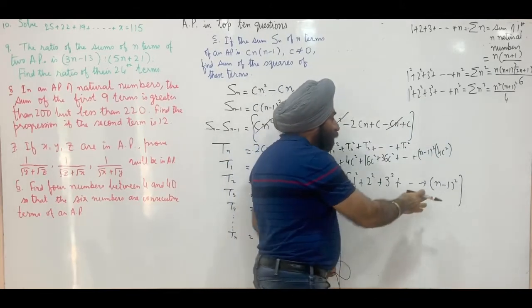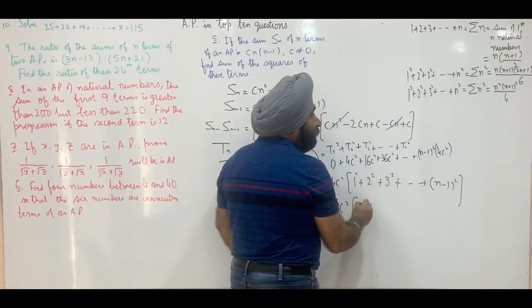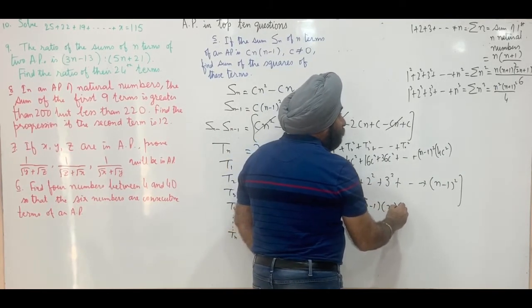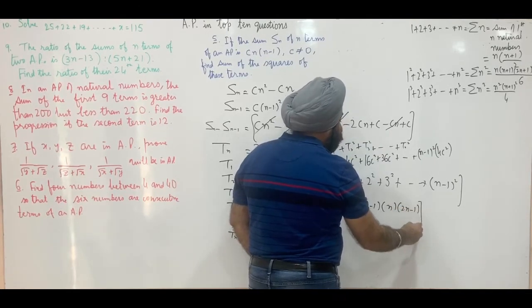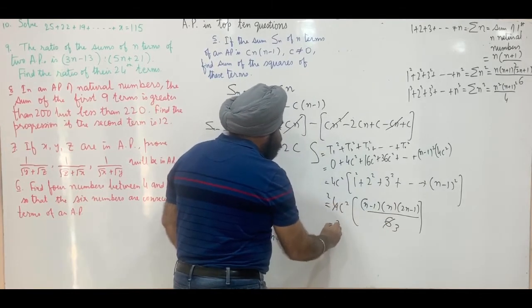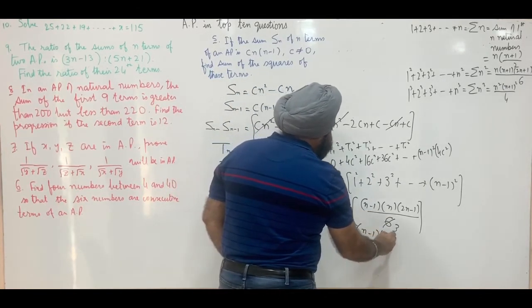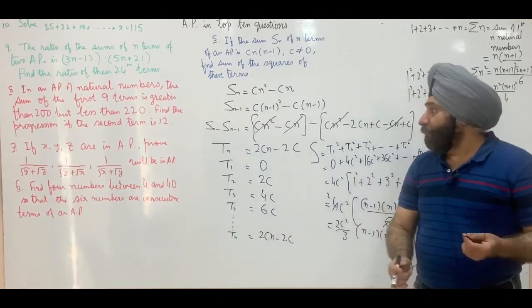And if it is up to n minus 1, we replace n by n minus 1 on the right hand side. (n minus 1) plus 1, next will be 2n minus 2 plus 1, that is 2n minus 1 and upon 6. So this is the answer. This is 2c square upon 3 into (n minus 1) into n into (2n minus 1). This is sum of squares of n terms.